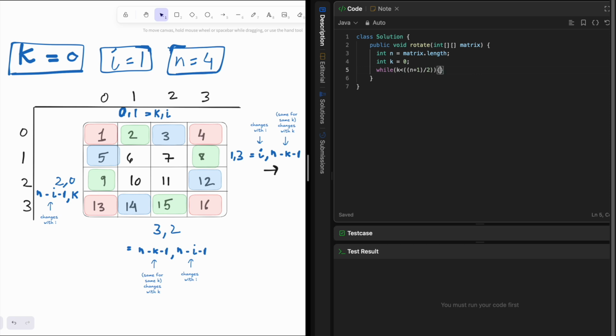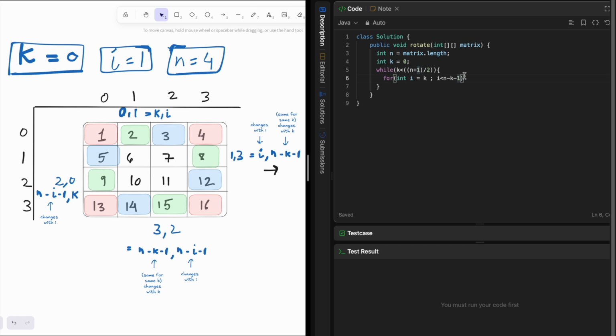Inside we are going to put a for loop, which depends on your k. It's going to start from k and go till I is less than n minus k minus 1. Because we are going from 0, 1, 2, and n minus k minus 1 is 3, and it's less than 3, so it's still 2.